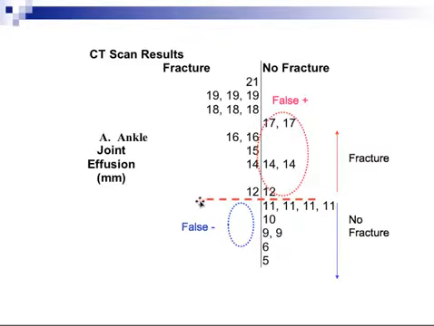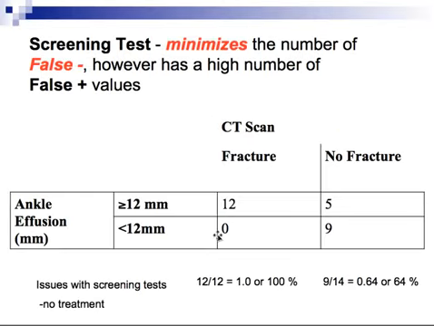In this example, we want false negatives to be driven to 0. And so where we would draw the line now is at 11 millimeters.